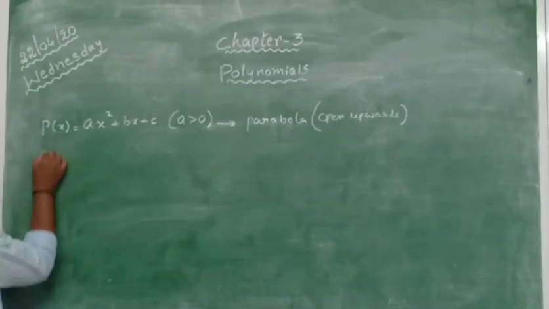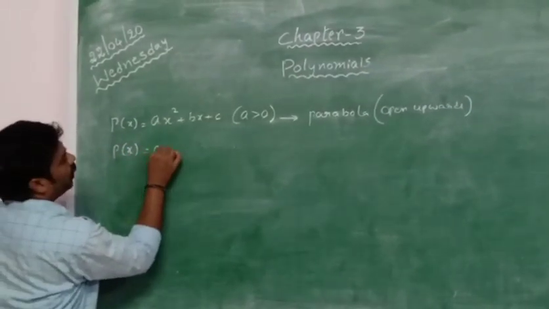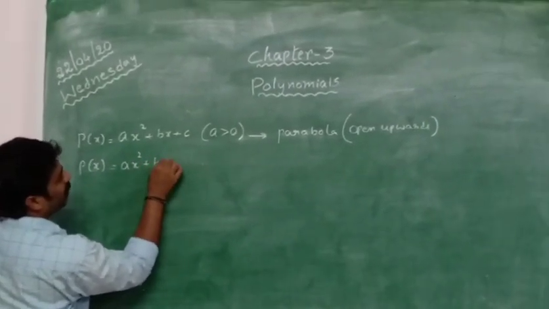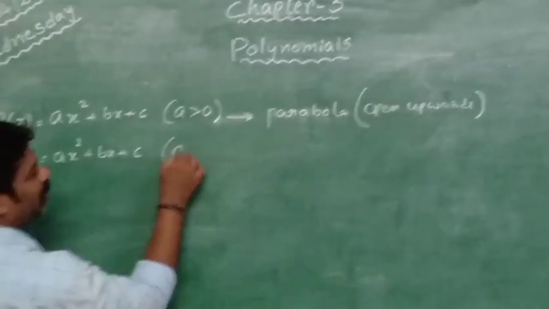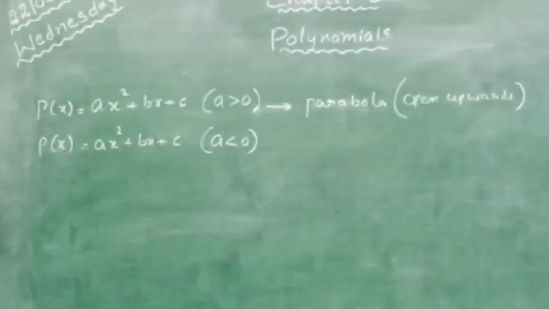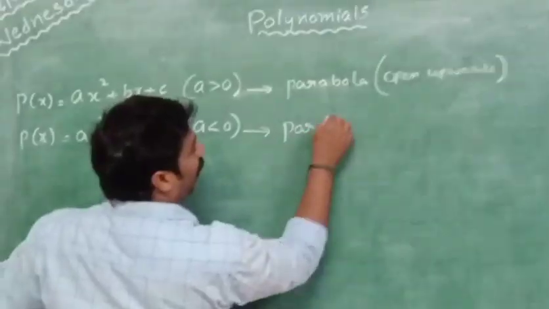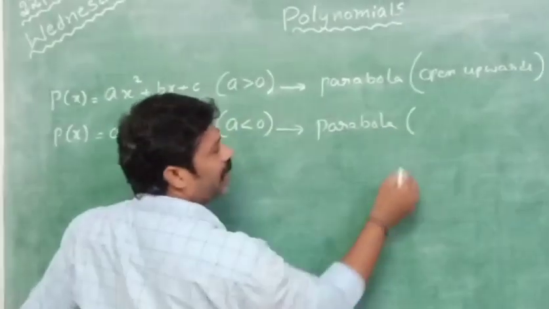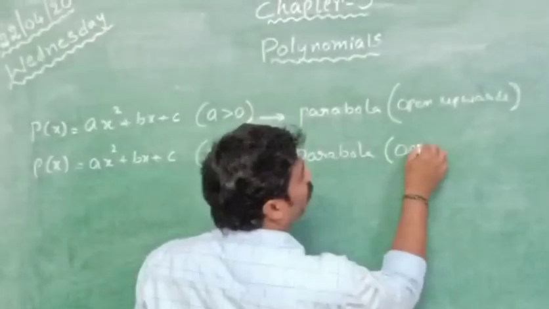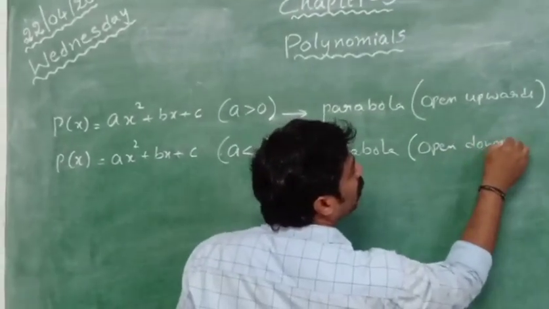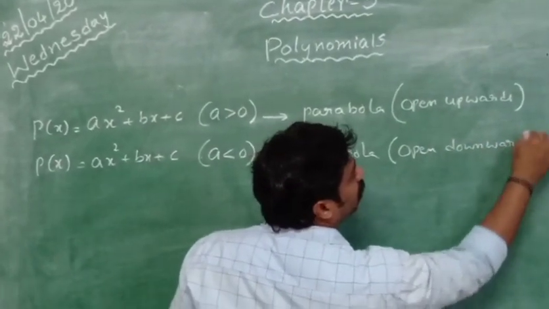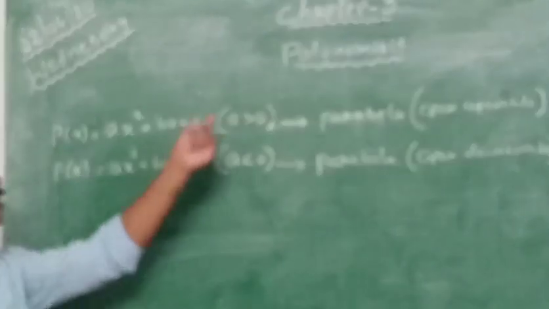Similarly, for this quadratic polynomial, if a value is less than 0, and if you draw the graph, we will get a parabola which opens downwards. So we have learned these two graphs.